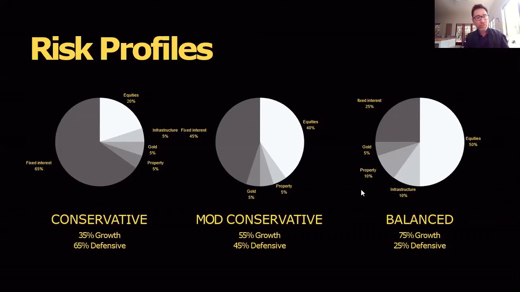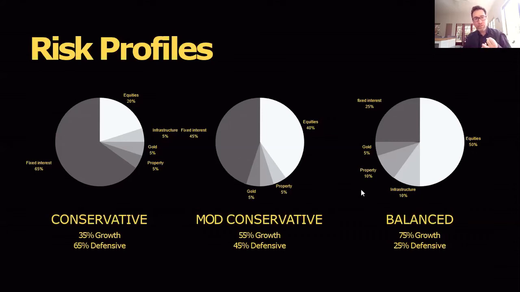Conservative, just to give you an example, is usually around 65% defensive. Now, growth. Defensive assets are typically considered cash and fixed interest. Growth assets are the equities, the share market, and property fits in with that too, and infrastructure can.